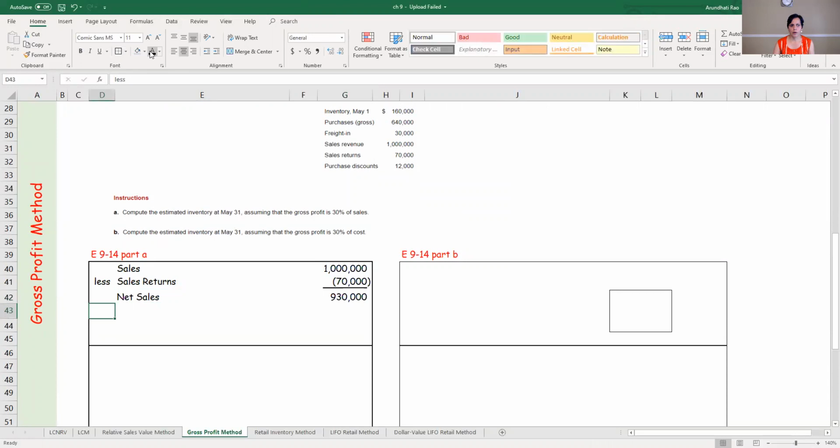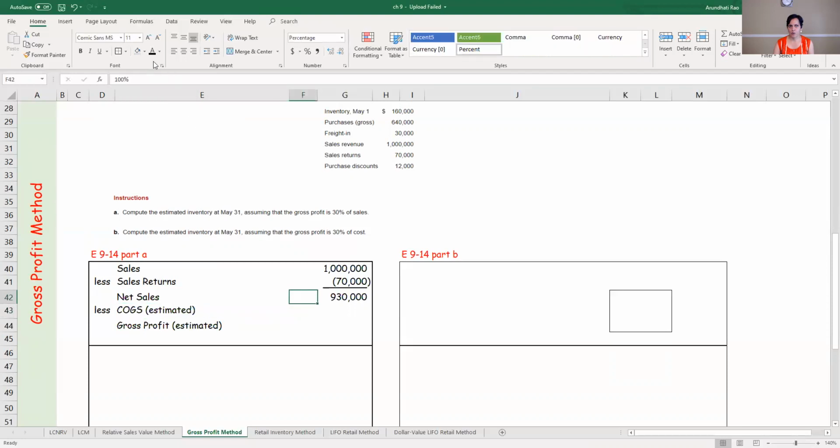The next thing I would do is subtract cost of goods sold to arrive at my gross profit. Cost of goods sold is an estimated number. Now, what have I been told? My gross profit is 30% on sales. So if my sales is 100% and gross profit is 30%, it means cost of goods sold is 70%.